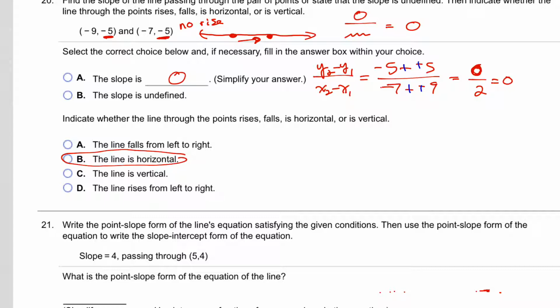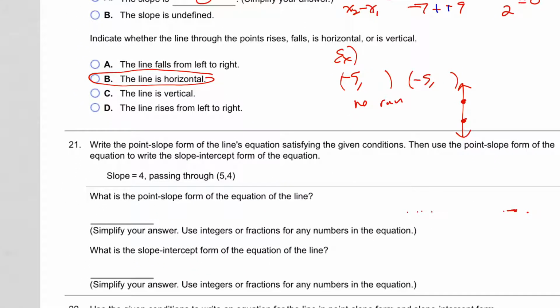Okay, and if the negative 5s would have been in the x coordinates, then we see that there's no running, there's only rise. So that means repeating x's. Oh wait, we talked about repeating x's before, and that's not a function, and it fails the vertical line test. And there's an example of that.